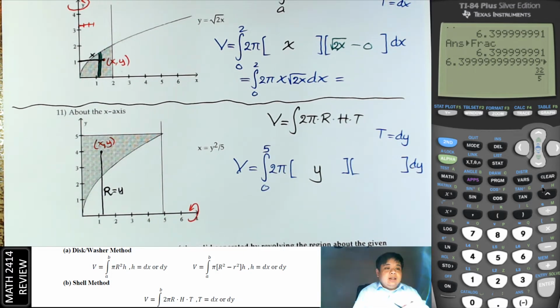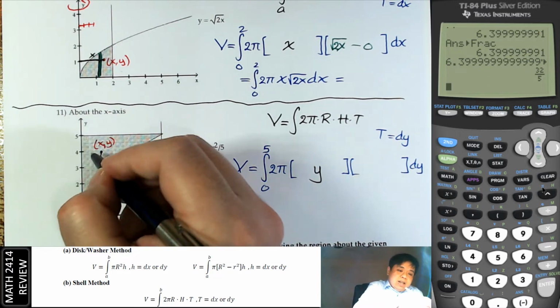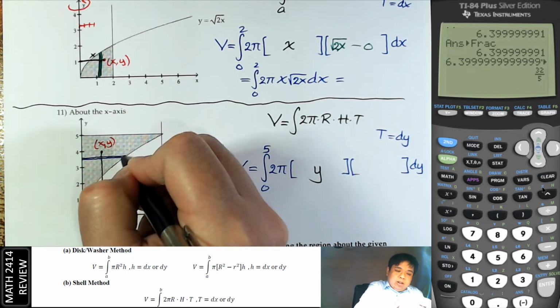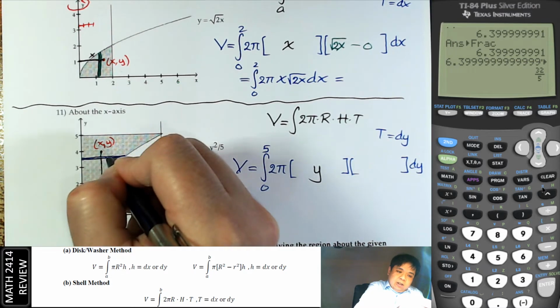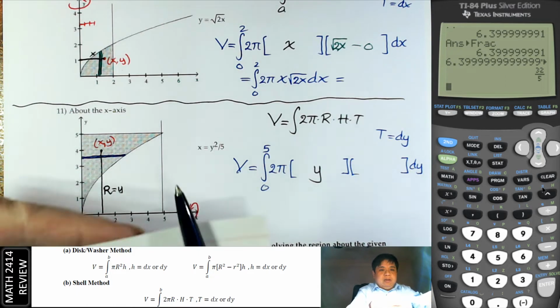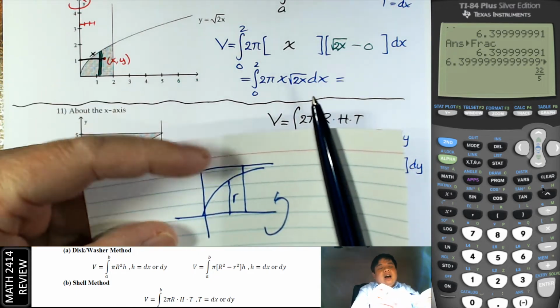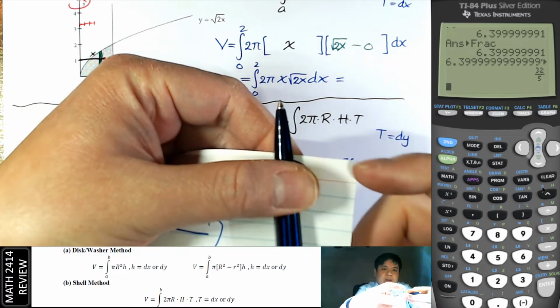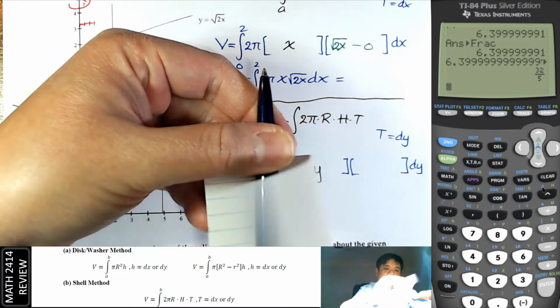And then the height. The height is the difference of two functions. The height will be parallel to the axis of rotation. So think about this. If we have a roll of paper or toilet paper or paper towel, the height will be the width of the paper, not the thickness, but the width of the paper, right?